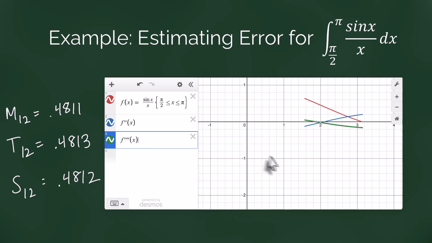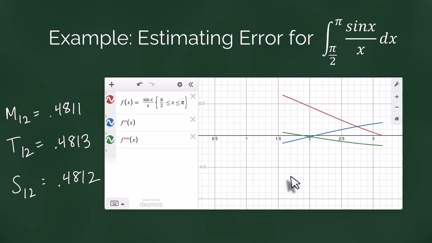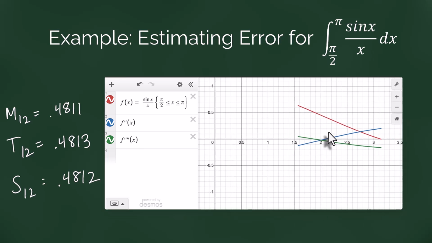And we can see, if we zoom in on those, that the blue graph, the maximum value, now remember we're bounding the absolute value, occurs at the endpoint, and it is 0.20244. So we can say that our second derivative is bounded by, we'll call it 0.25 just to be safe.